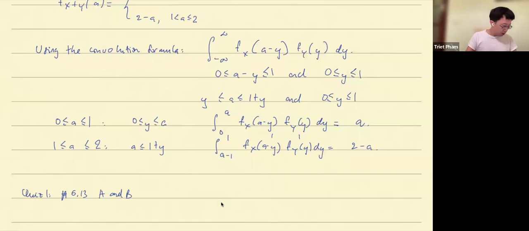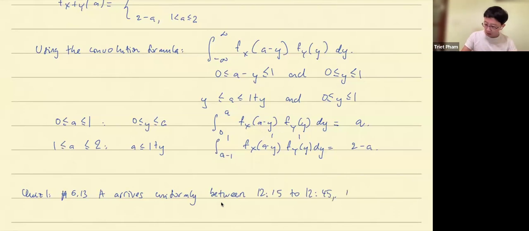A and B. So let me say this: A arrives at a location uniformly between 12:15 and 12:45.